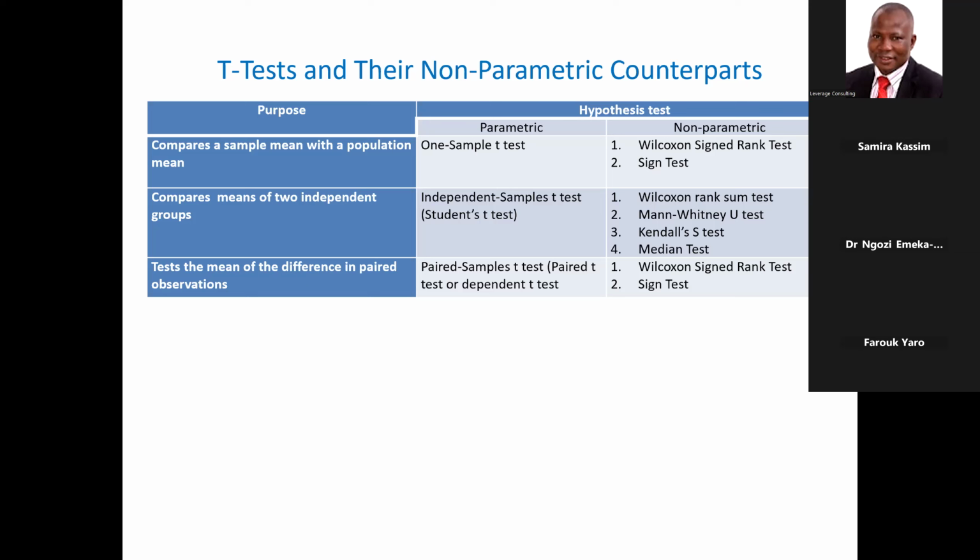Now, you will see that for two independent groups it is the Wilcoxon rank sum test. Both of them have rank, but the other one is the paired Wilcoxon signed rank test. So there's a sign. When you say sign, you get to know later that the sign they are talking about is a positive sign.